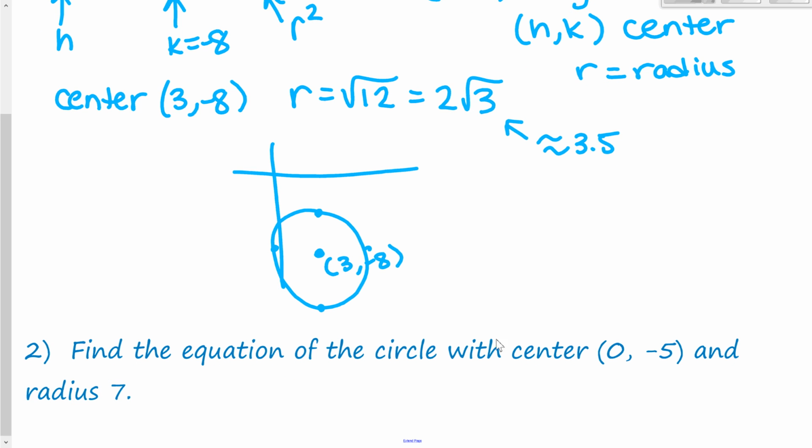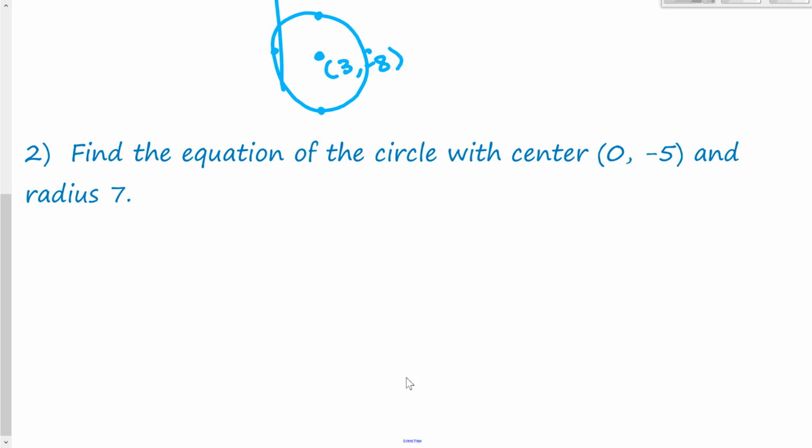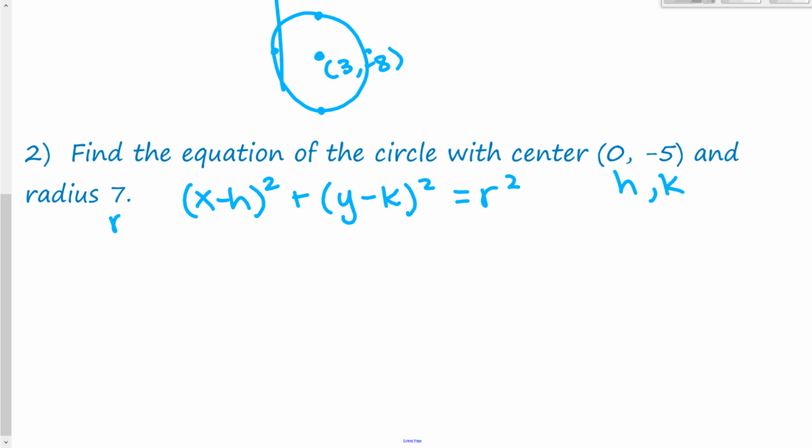Okay, number 2. Find the equation of the circle with center (0, -5) and radius 7. Well, again, let's use the form (x - h)² + (y - k)² = r². And let's substitute 0 and -5 in for h and k and 7 in for r.